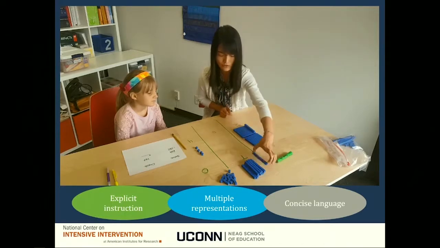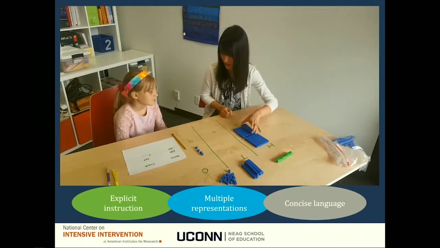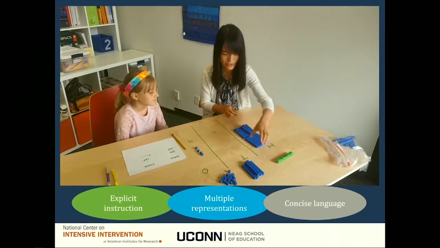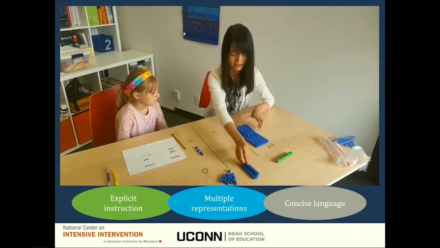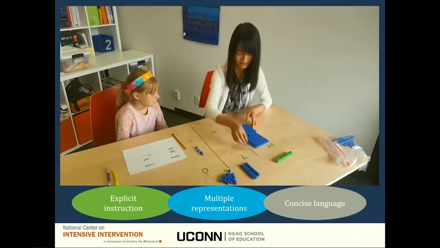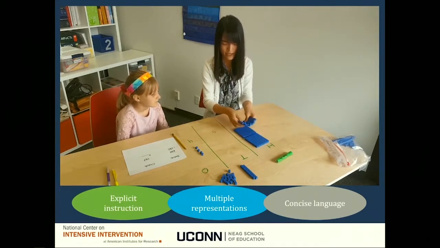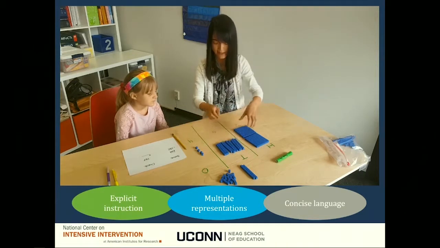Do you remember we said how many tens are there in 100? 10 tens. Good. So 1, 2, 3, 4, 5, 6, 7, 8, 9, 10. So we can exchange 100 for 10 tens, right?